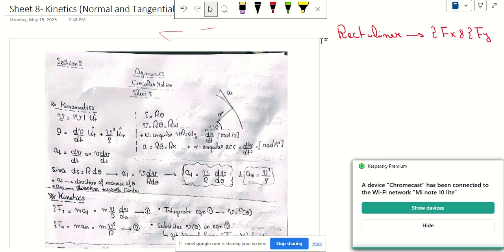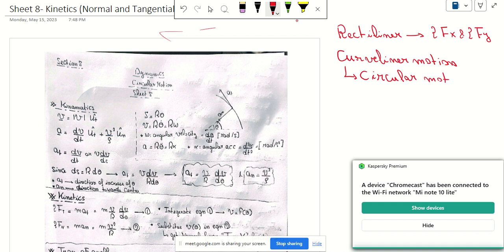Now we will go to the curvilinear motion, and in this video we will not talk about any curvilinear motion, we'll just talk about circular motion. The particle is always moving in a circular path.